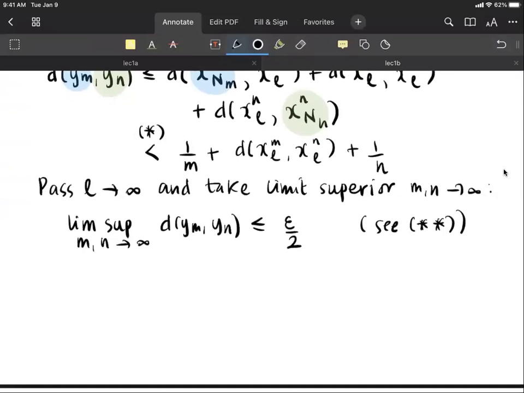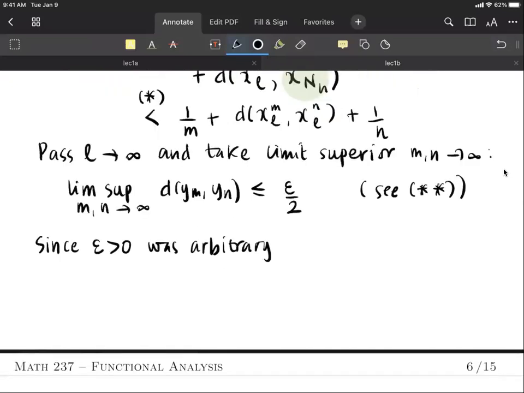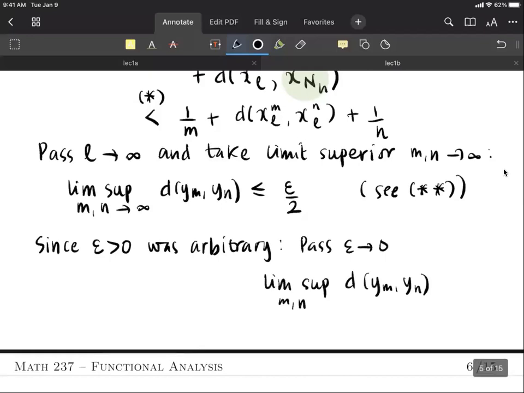Now, since epsilon is arbitrary, we can pass epsilon to 0 in order to get that the limit superior as m and n go to infinity of the distance between y_n and y_m is less than or equal to 0.